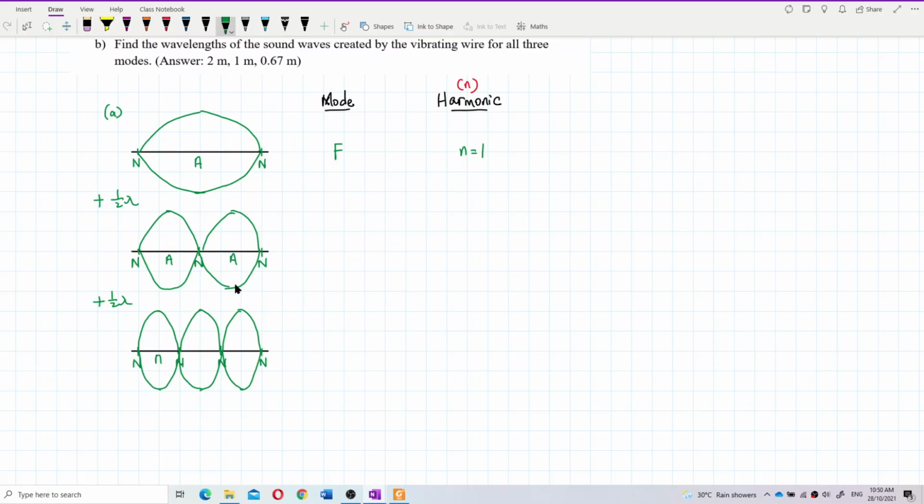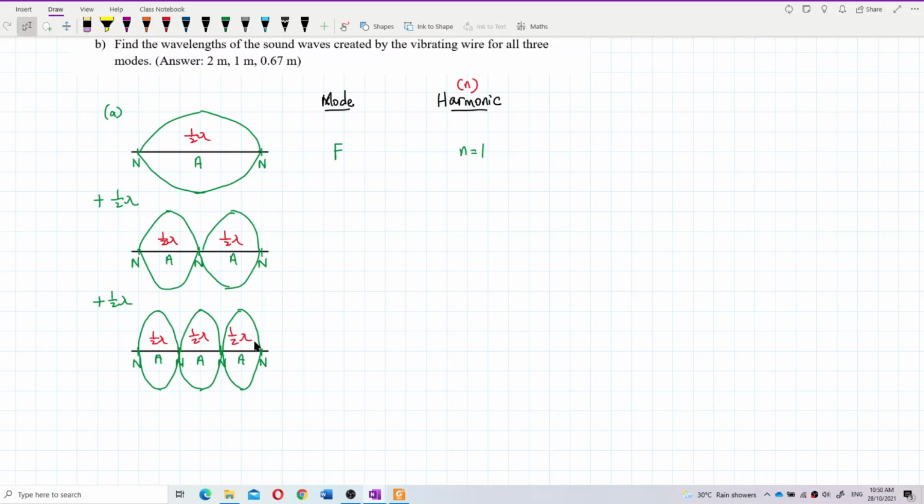So here is the anti-node, anti-node, and anti-node. You see that from node to node is considered half wavelength. Then moving down one more is plus another half wavelength, so you got 2 half wavelengths already. Moving down another is another half wavelength, so now you have 3 half wavelengths.